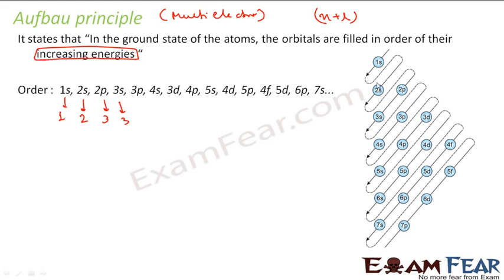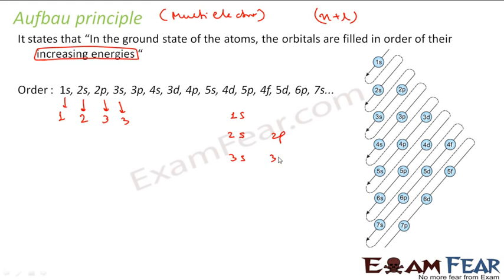A good way to understand this is you can write in this fashion: 1s, 2s, 2p, 3s, 3p, 3d, 4s, 4p, 4d, like that. I'll just show you. It's a good way to learn actually. For 2 you get 2s, 2p.